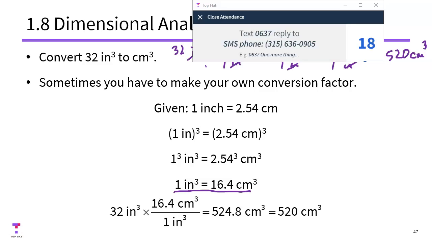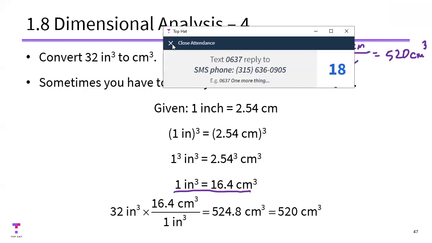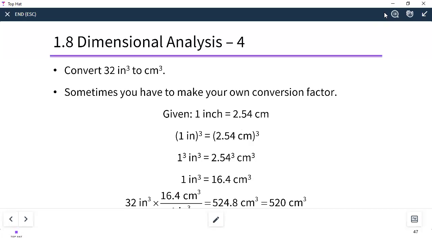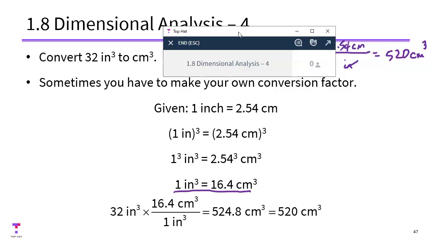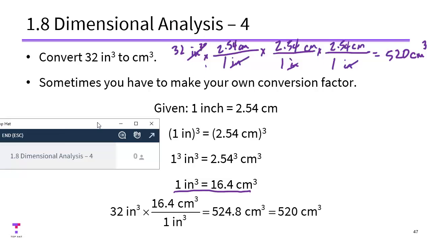When we get into conversions like this, where we've got square units or cubic units, remember I talked about this at the very, very end of Friday. The overall idea that we had to reconcile was that when we have a unit that is squared or a unit that is cubed, there's two approaches that we can take.